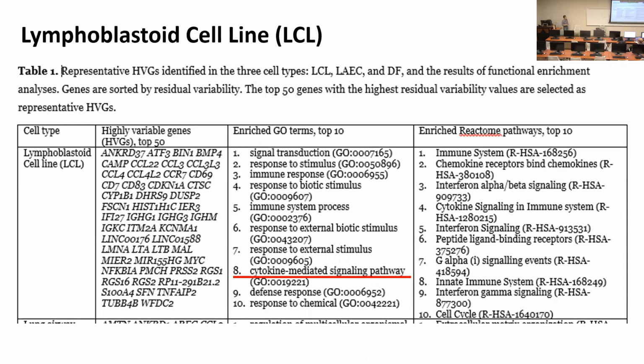Then for those genes we run enrichment analysis and found the enriched terms in different pathways. You can see there are cytokine-mediated signaling pathways, immune systems, of course.